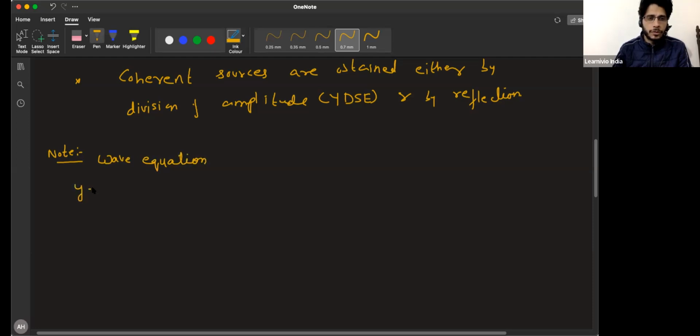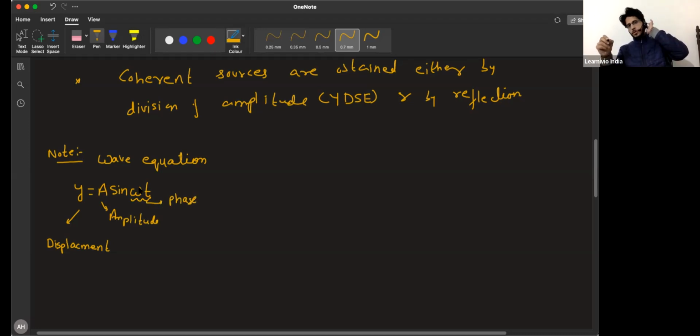This is the wave equation: y equals A sine omega t. In this wave equation, y is the displacement, A is the amplitude, and omega t is the phase.